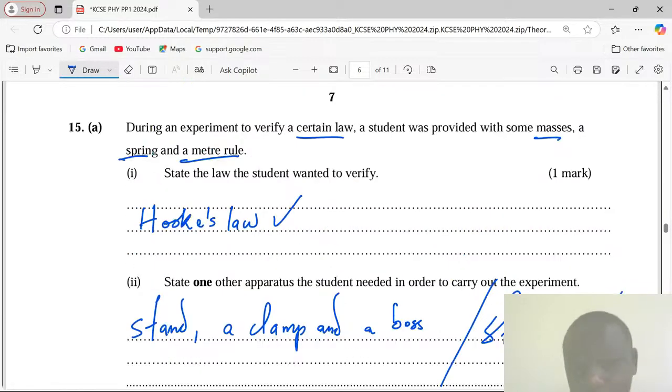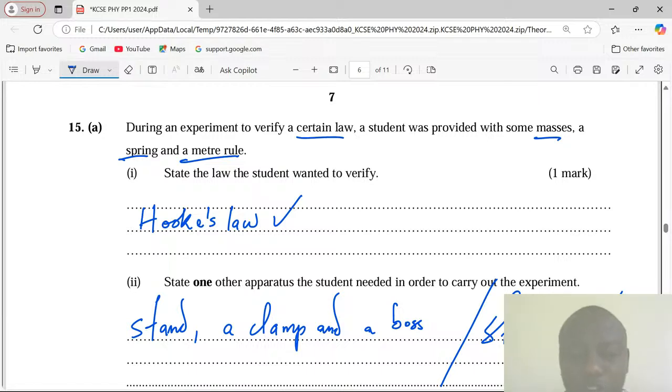Of course, you start with the original length of the spring when there is no mass hanging on it. Then after that, you start hanging masses one at a time. You record the new length. Then now from the new length and the original length of the spring, you can determine the extension caused by the mass. You add a bigger mass, you again confirm what the new length is, and you subtract the original length from the new length.